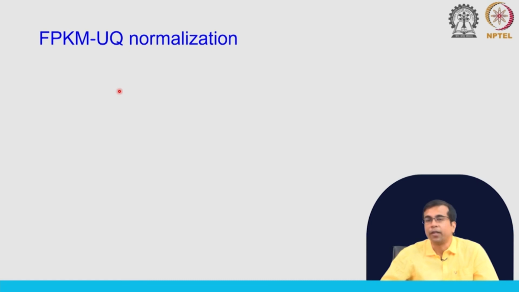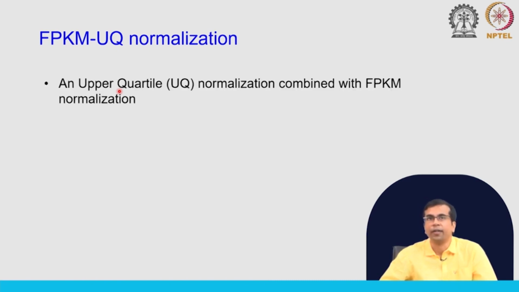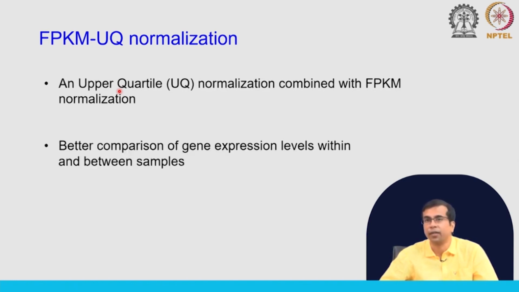Now, there is a hybrid method that combines FPKM with upper quartile normalization. In FPKM, at the end, the total count was different for each sample, and you can address that by combining it with UQ normalization. So, here the upper quartile normalization is combined with FPKM normalization, and this helps in a better comparison of gene expression levels within and between samples, because we are doing a within sample normalization, which is the FPKM, followed by a between sample normalization, which is the UQ normalization.